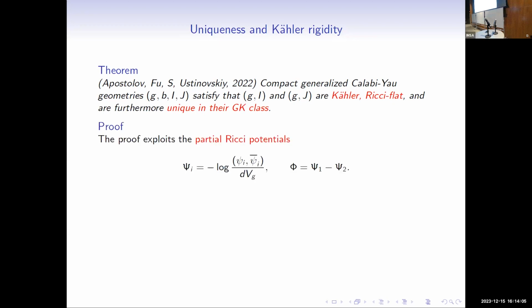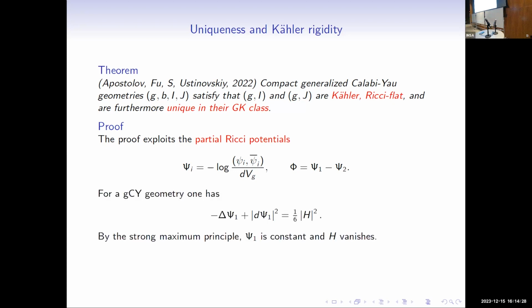Okay, so let me briefly describe the proof. The proof exploits what I call partial Ricci potentials. You have these defining spinors psi I, and to get this Ricci potential, we compare them to each other. Here, we compare them to the Riemannian volume. We call those functions psi I, and then phi is recovered as the difference of the two.